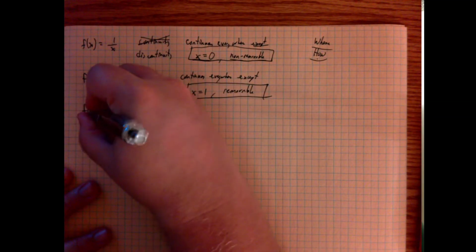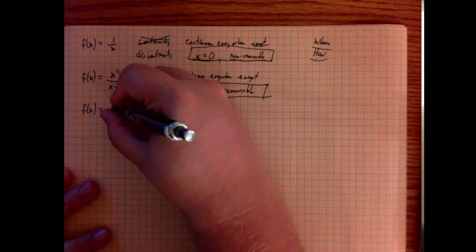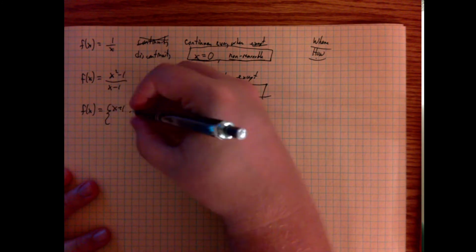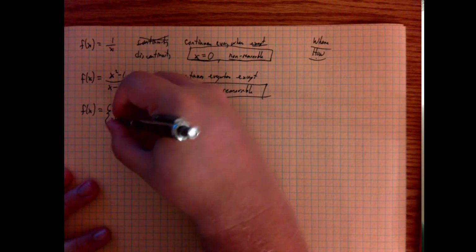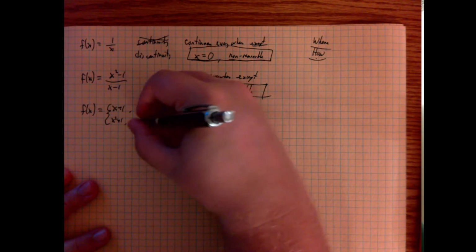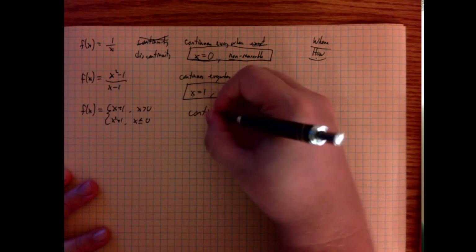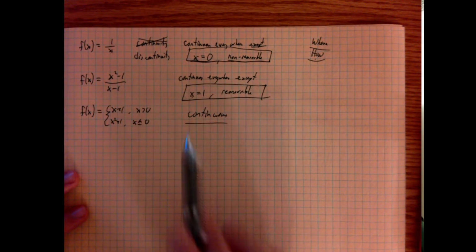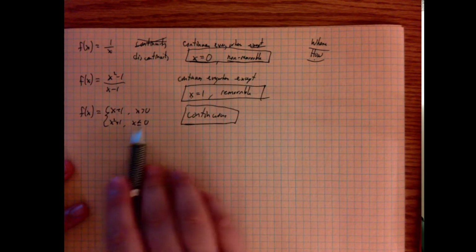We'd say f of x is equal to x plus 1 when x is greater than 0, x squared plus 1 when x is less than or equal to 0. We'd say this function is continuous. There's no places to talk about where it's not continuous. We just call this function a continuous function. And so this is an example of a continuous piecewise function.